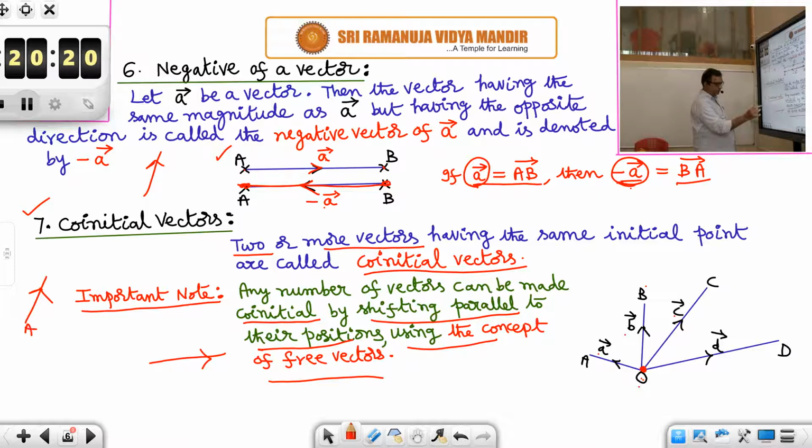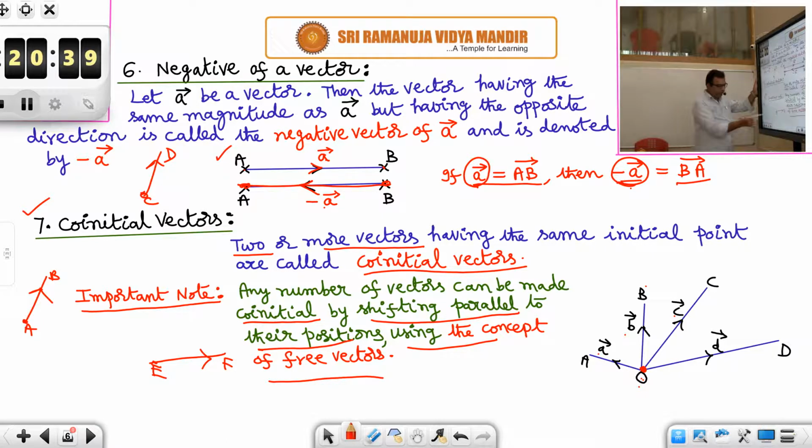This is AB bar, that is CD bar, this is EF bar. These vectors are not co-initial because they have different initial points. A is the initial point here, for that C is the initial point, for this E is the initial point. So they are not called co-initial vectors.